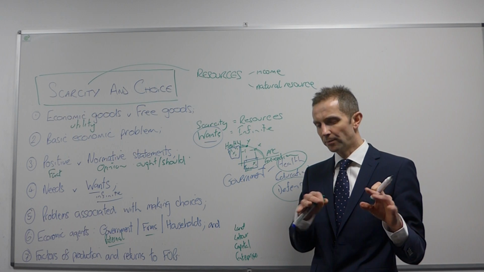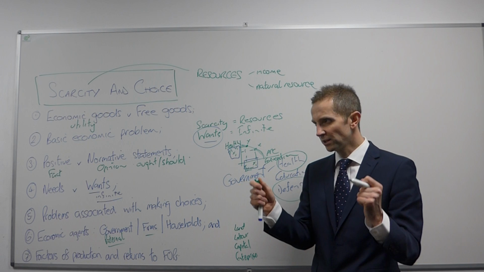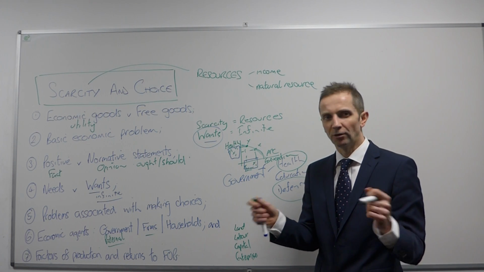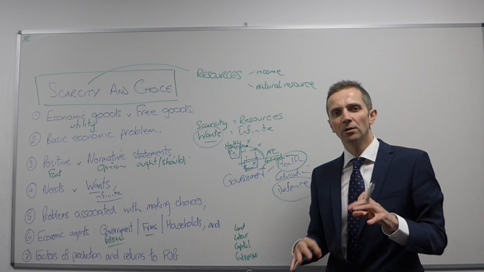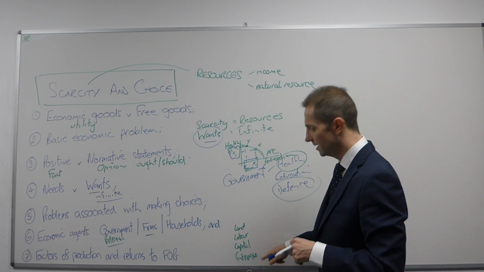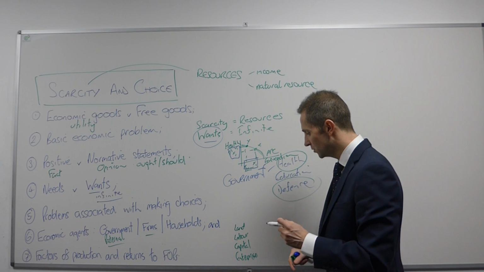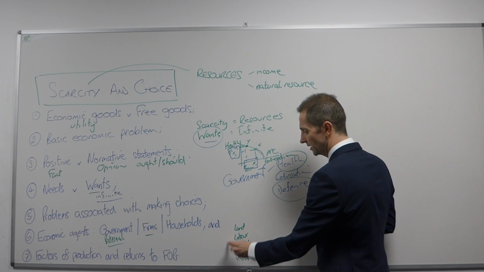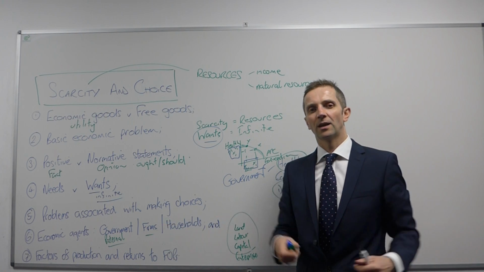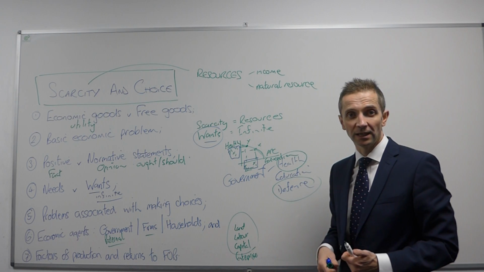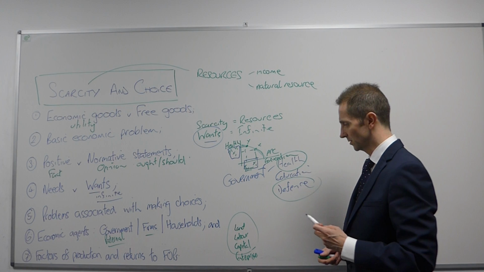So you could be a plumber, very practical, physical, or you could be a research scientist, so using your brains all the time. Capital, we're talking about machinery specifically. And enterprise, we're talking about somebody who's got an idea and brings the other resources together in order to bring that idea to market and hopefully make a profit, but not always, of course.